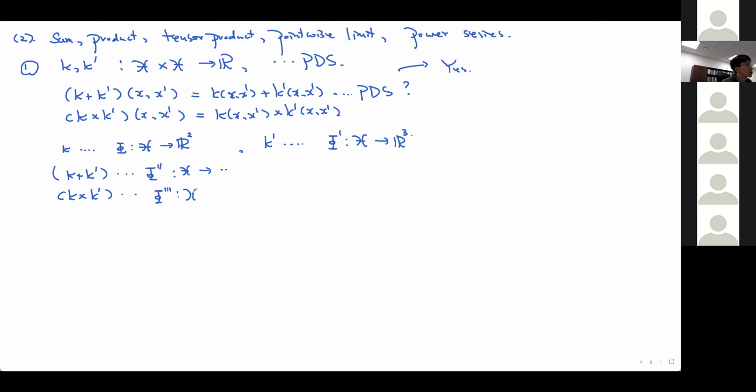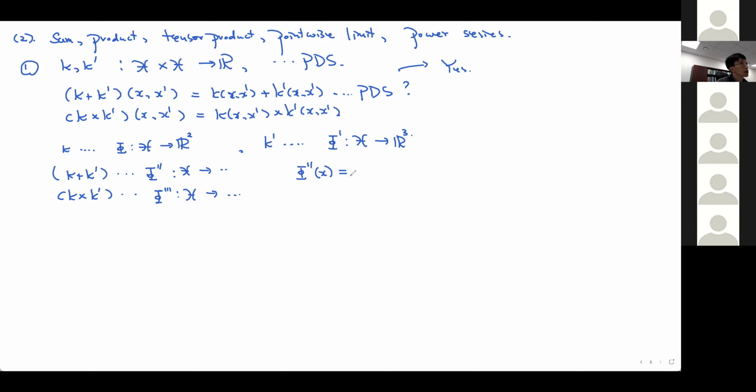It's also a map from X to something. Thinking about this feature map is quite useful. The answer for the first is that we are just concatenating the feature maps for K and K prime, putting the two feature maps together.